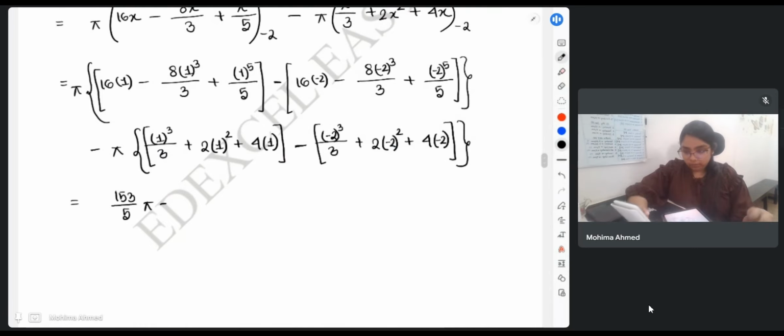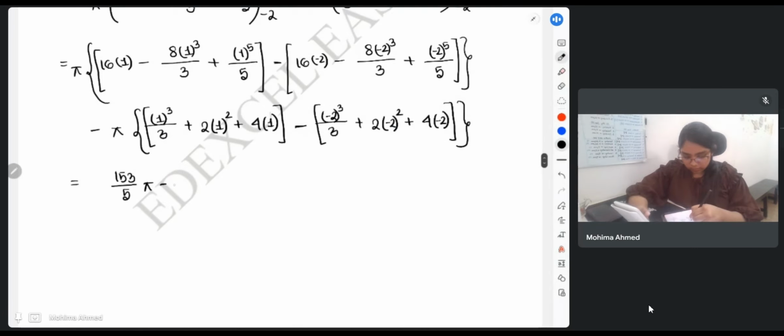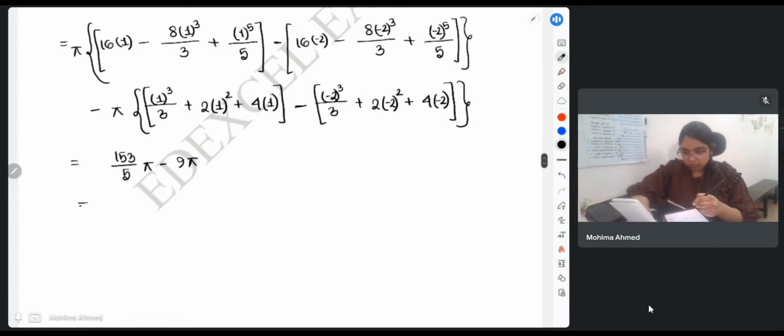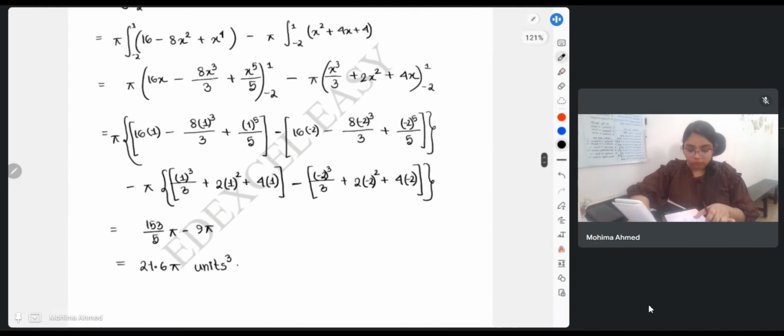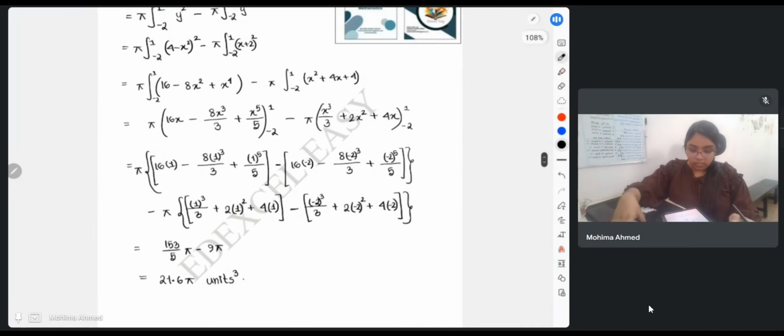So now you get 9 pi from the next equation. So this is 9 pi. So 153 by 5 minus 9 is 108 by 5, which is approximately 21.6 pi units cube. Right, so this is the volume part of your integration of the next maths.